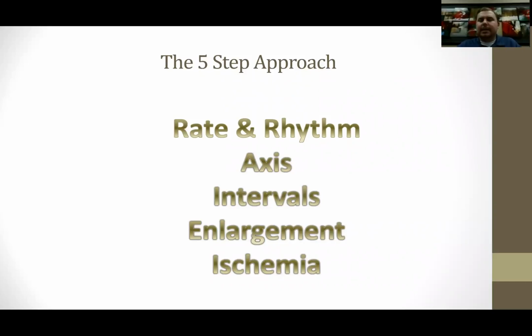Why the ischemia is at the end is we're going to want to identify any STEMI mimics or mimics of ischemia prior to that assessment, as opposed to people that have a 12 lead with left bundle branch block. They see ST elevation, ST depression, T wave inversions, and immediately think STEMI, and then activate the cath lab.